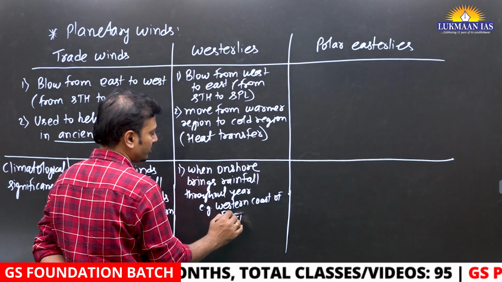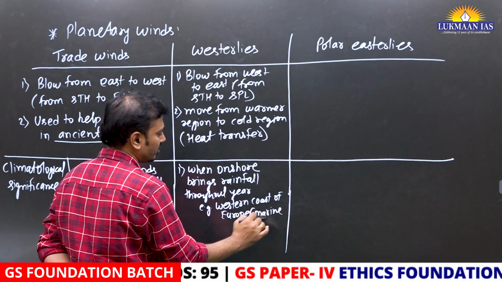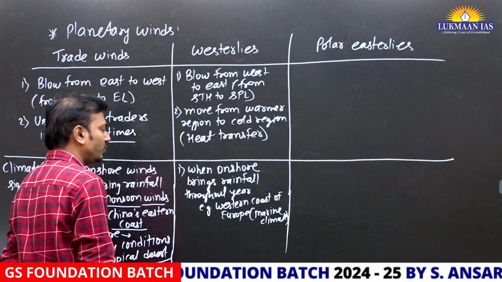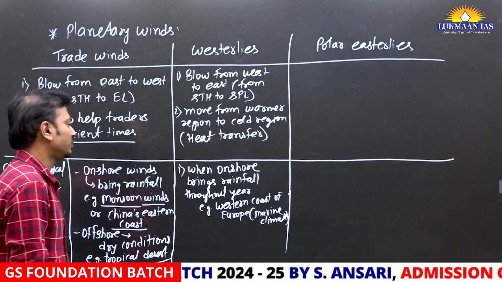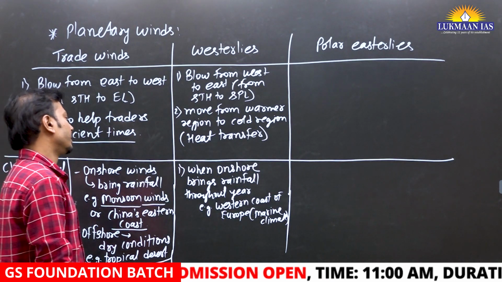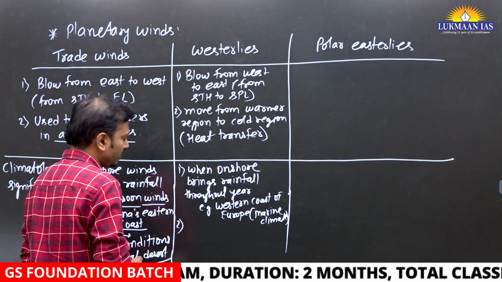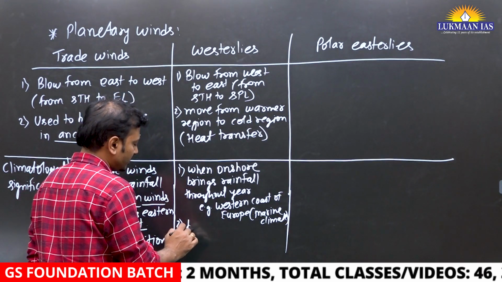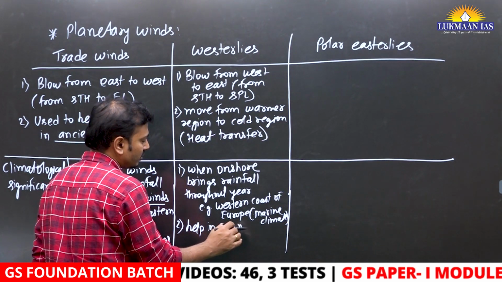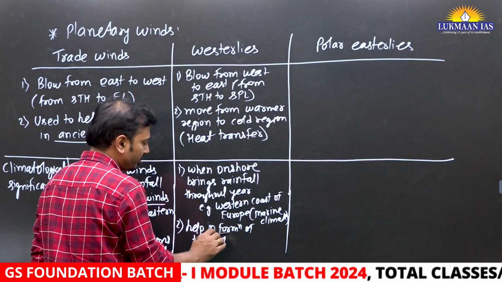Western coast of Europe. This is called marine climate. Marine climate. Throughout the year there is rainfall, British type of climate, western coast of Europe. Okay. Second, they help in formation of temperate cyclones. Temperate cyclones.